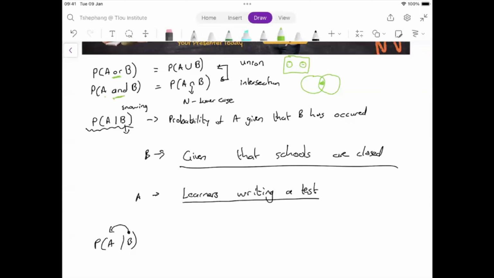But let's think of something. We roll a die and we toss a coin at the same time. We want to get a heads on the coin and we want to get an even number on the die.